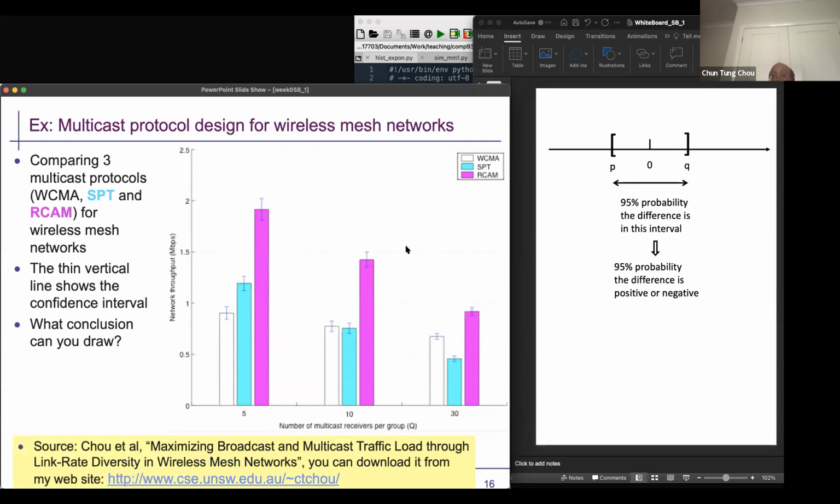From this graph, are you able to say whether SPT or WCMA is better, or you can't tell? What can you say?